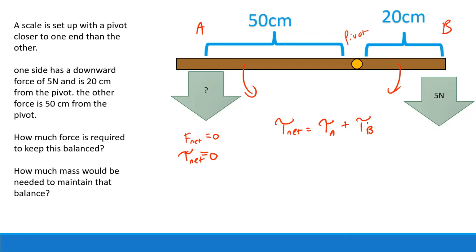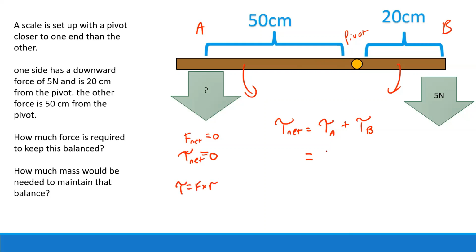So let's start to look at this then. That means that torque A is going to be made up of whatever this force is times 0.5, because torque equals force times the radius.